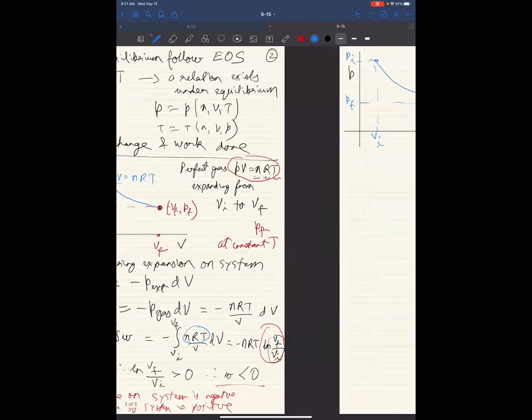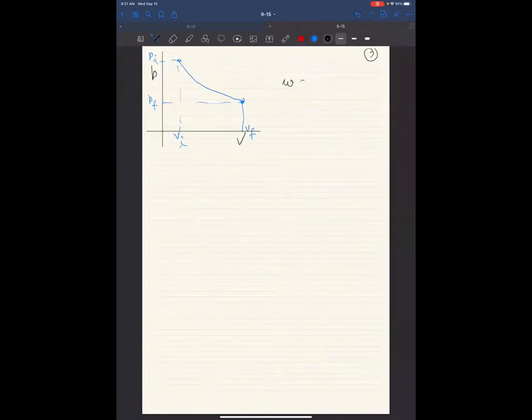And we got W is equal to minus integral of dW. What did I write there? Delta W is equal to minus nRT ln VF by VI. And this is the same as minus PdV. The key thing here was that for a reversible change, we could use P is equal to P external. It's because it was a reversible change.